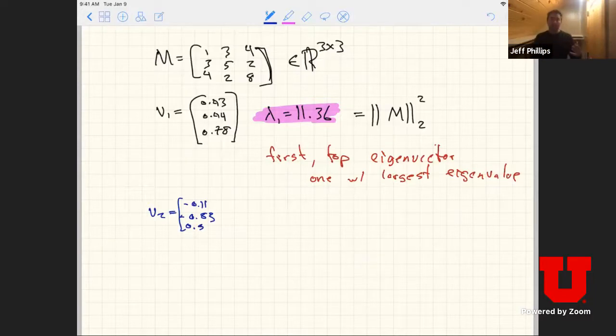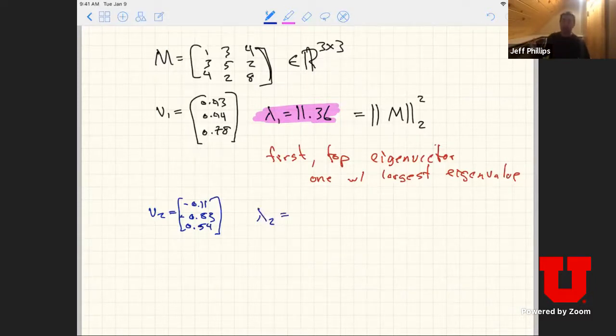This is only unique up to a sign. I notice they're negative values now. If I flip them all, multiply by -1, it's still going to be a unit vector, and I'm multiplying by -1 on both sides of my equation, so this is still okay. I can flip the signs on all of these. And the associated eigenvalue here is going to be 4.10, right?